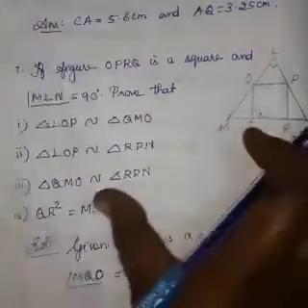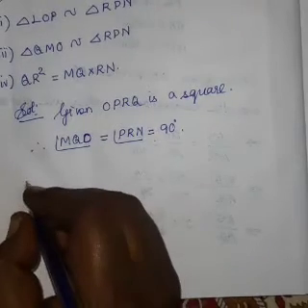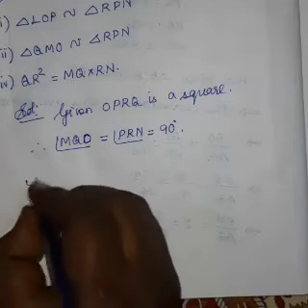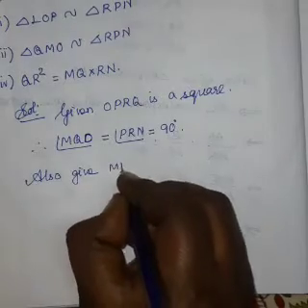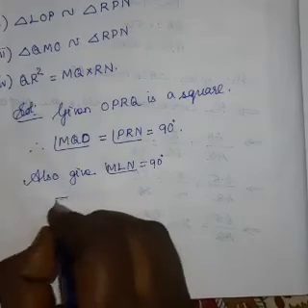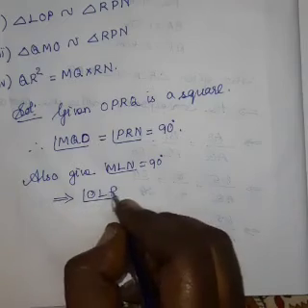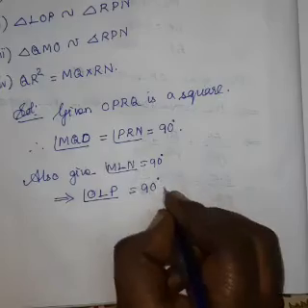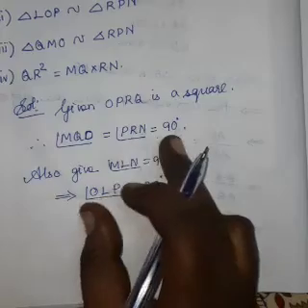Here also inside 90, so outside also 90 degrees. Next, I already explained the one angle is 90, so for the small triangle also 90. Also given angle MLN equal to 90 degrees implies angle OLP, which is also the L angle but taken from the small triangle, is also equal to 90 degrees. We got these two angles as 90 degrees.